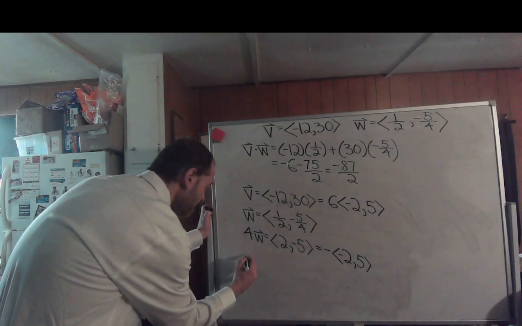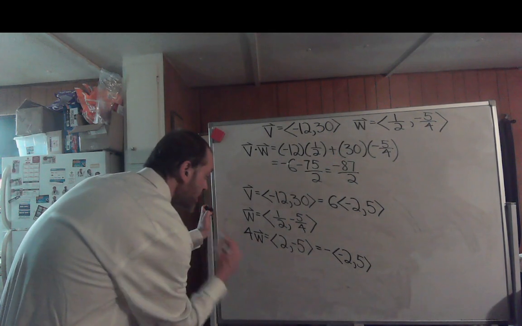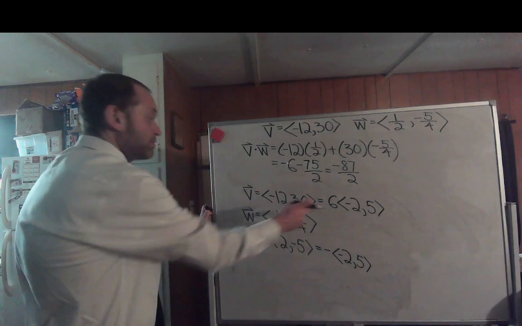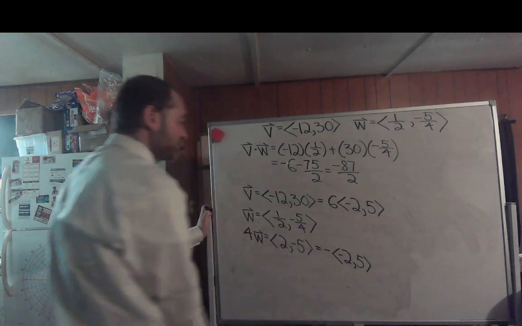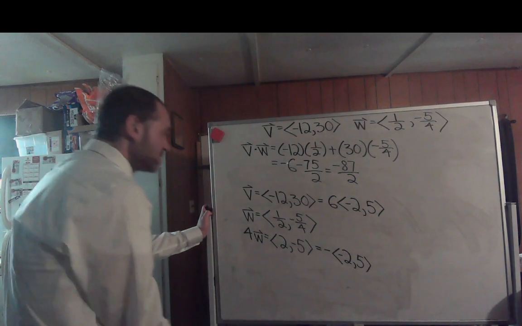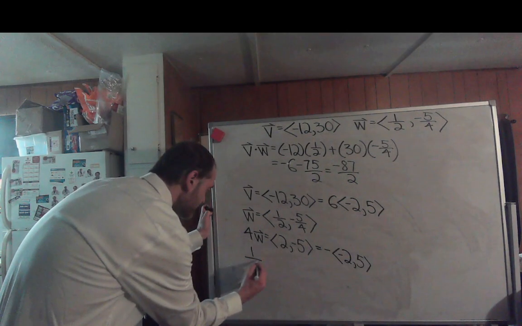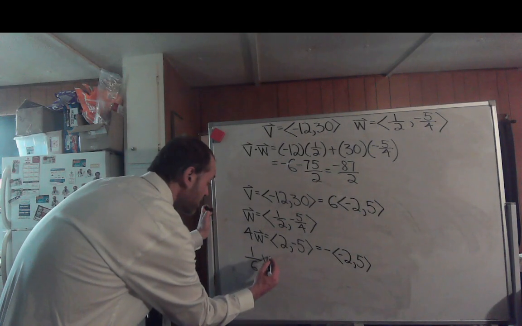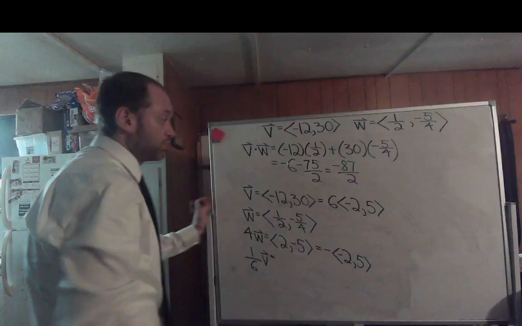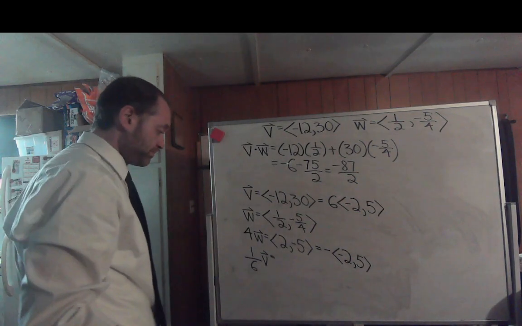So we have here that v equals 6 times the vector negative 2, 5. So that then means that 1/6 of v itself would equal negative 2, 5.